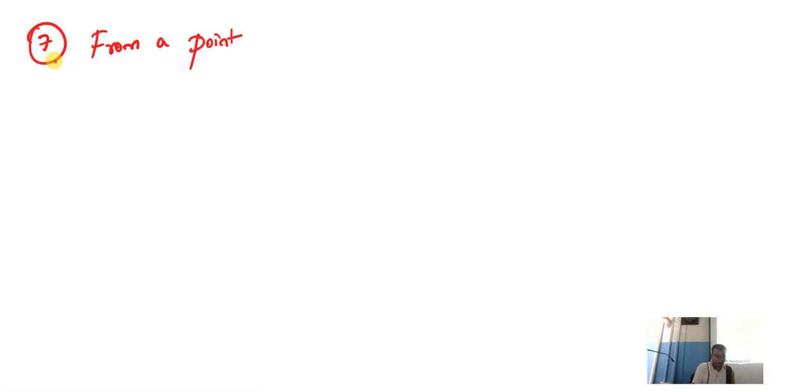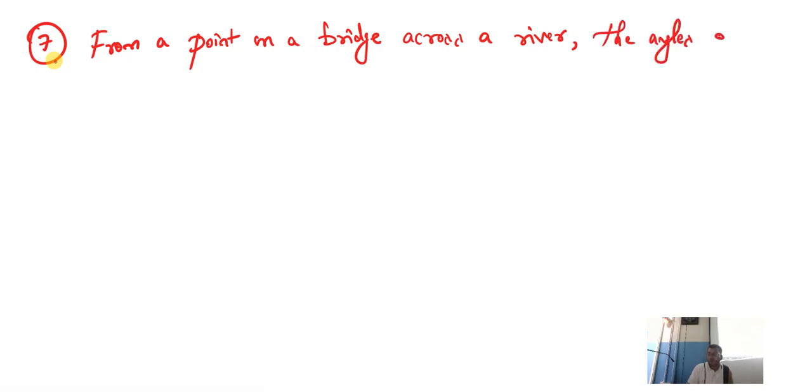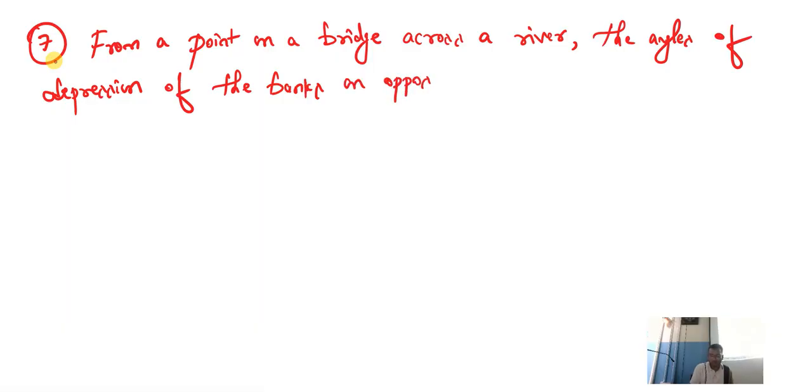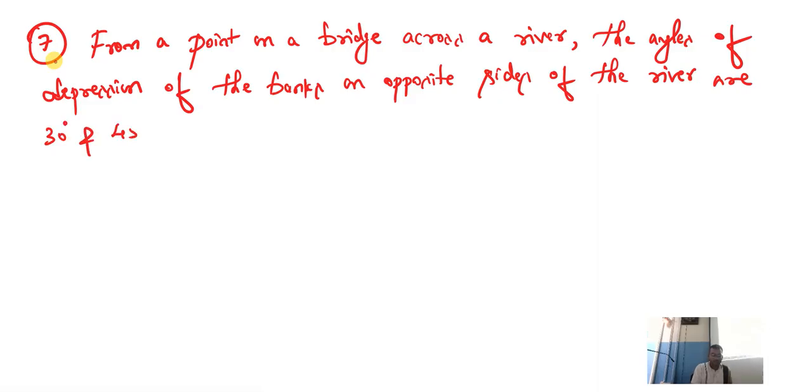From a point on a bridge across a river, the angles of depression of the banks on opposite sides of the river are 30° and 45° respectively.